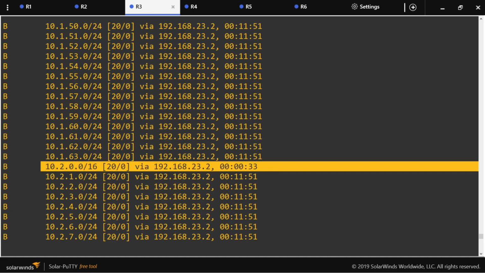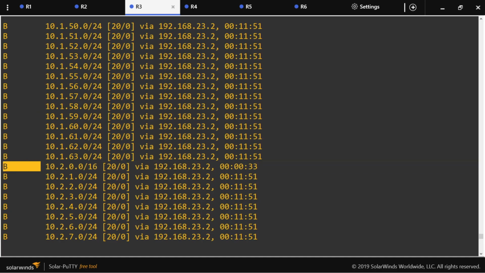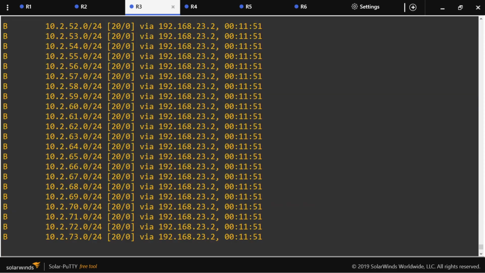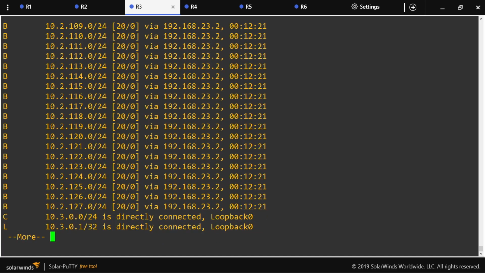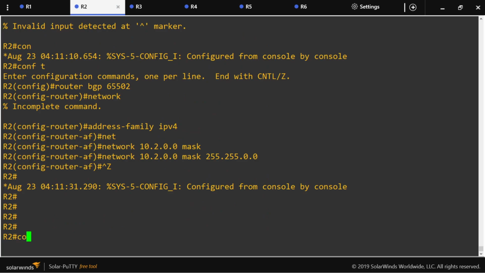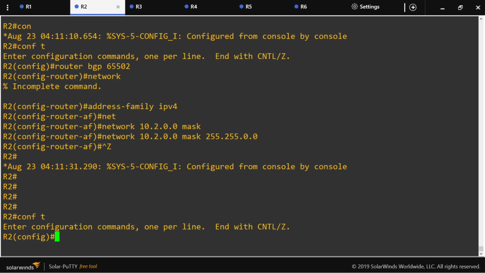I am seeing the summary, but I can still see the member routes. So this is not particularly a good way to do it. That is why dynamic aggregation is used.